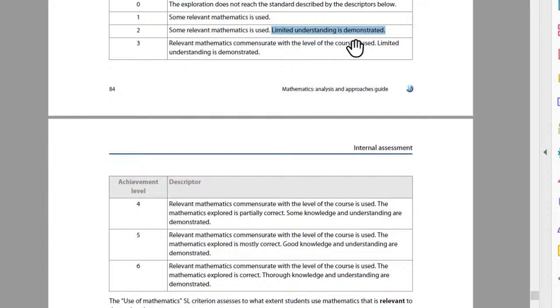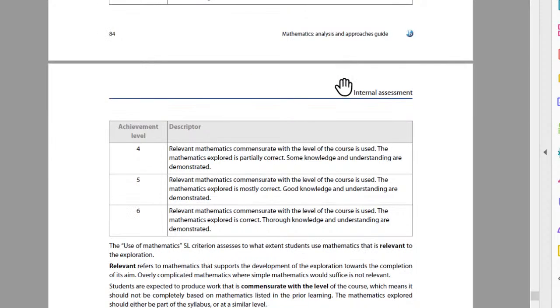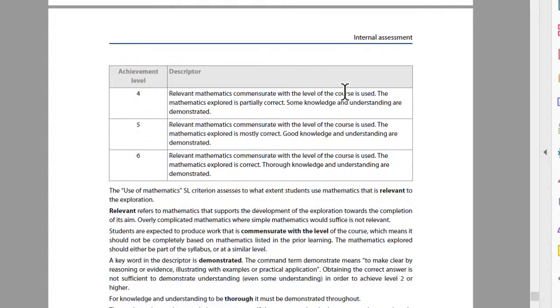There's definitely limited understanding. Let's see. It says obtaining the correct answer is not sufficient to demonstrate understanding, even some understanding, in order to achieve level 2 or higher.